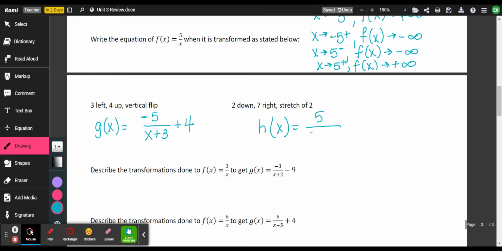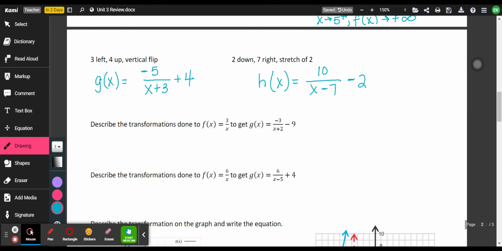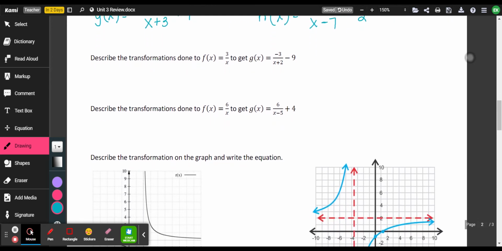I'm going to have 5 over x, and then 2 down, minus 2, 7 right, minus 7, and a stretch of 2 means that I'm multiplying that 5 by 2, which gives me a 10, okay? These are pretty straightforward. Just make sure that you're reading carefully to pay attention. And I did do both of those so you could see them, okay?